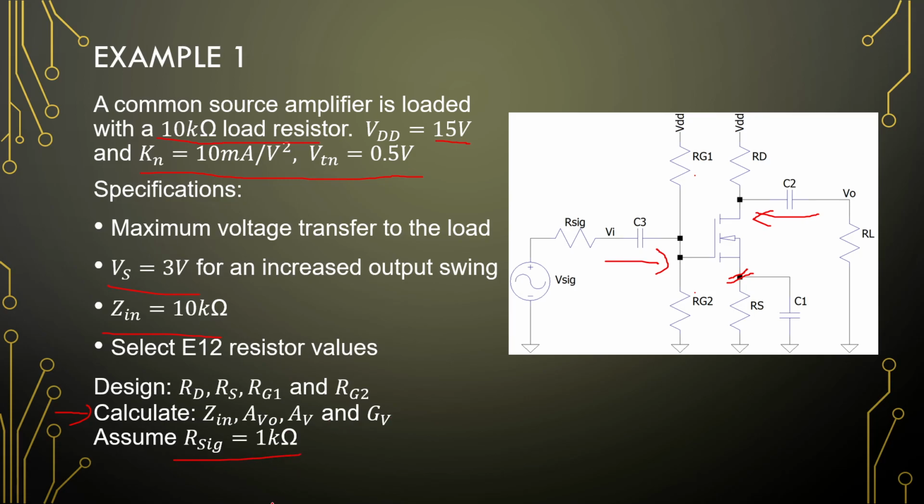And we should assume a signal resistor of 1 kilo ohm. Okay, signal resistor 1k, Z in 10k. This means we are also designing for maximum voltage transfer into our amplifier.